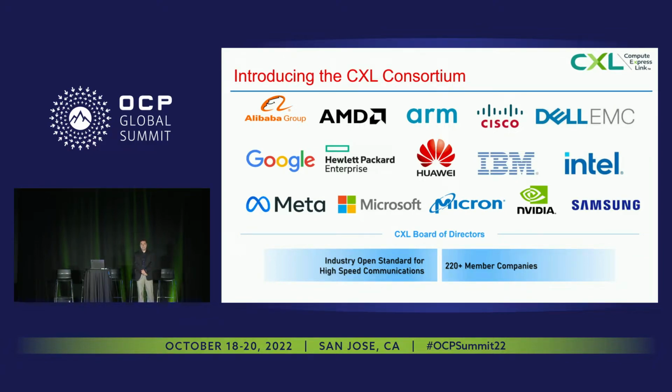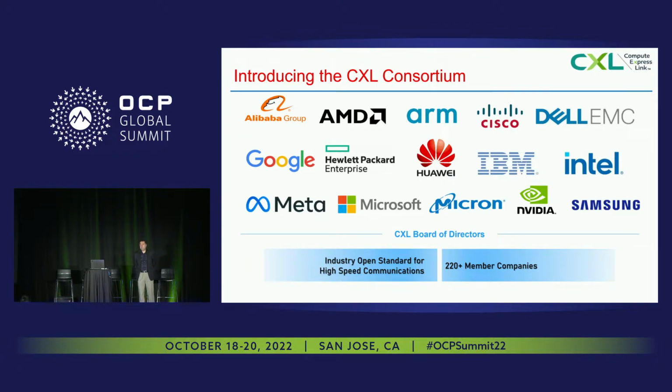You know that CXL Consortium formed with 9 original promoter companies, but soon we elected more directors, and we have now 15 companies from across the industry: CPU suppliers, system suppliers, hyperscalers, and now memory suppliers as well.